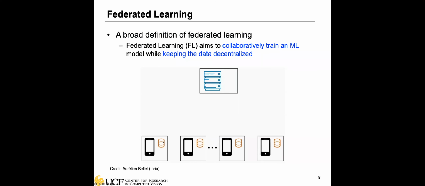That could be like ourselves using smartphones. We can be a user in this federated learning paradigm. Each user or each local device will generate their own data, but this data will only sit at the local device and will never be sent to the cloud.